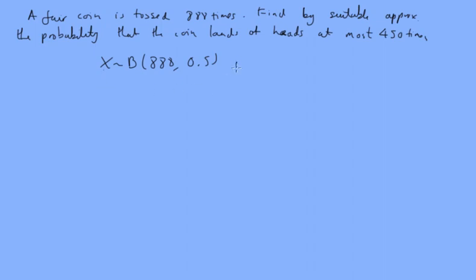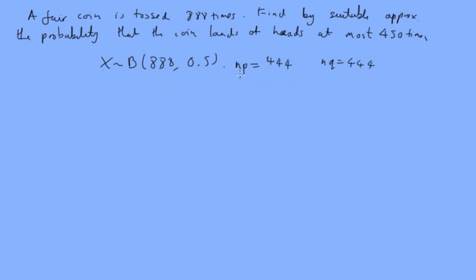Our np would be this times this, which would be 400, and nq is also 400.